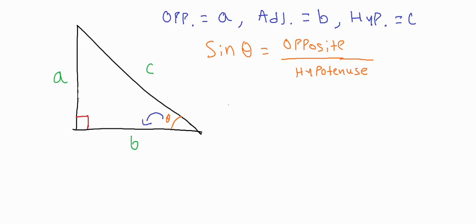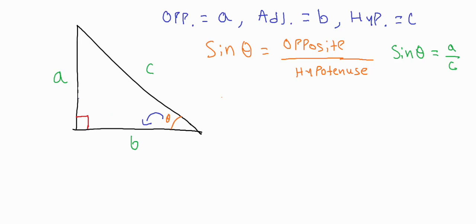Now in this case, remember opposite of theta is A, and our hypotenuse is C, because C is opposite the 90-degree angle, or the right angle. So in this case, sine of theta would equal A over C, because opposite over hypotenuse by definition.